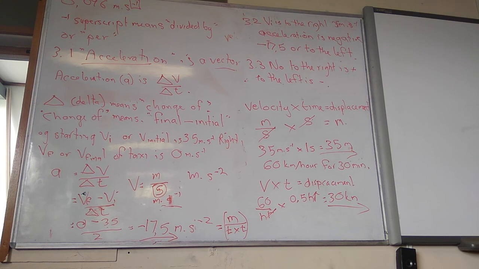So if he goes from 35 to 0 in 1 second, is that a bigger acceleration than 17.5? Yes. He would have to decelerate at 35 divided by 1, which would be 35 meters per second squared, to stop.